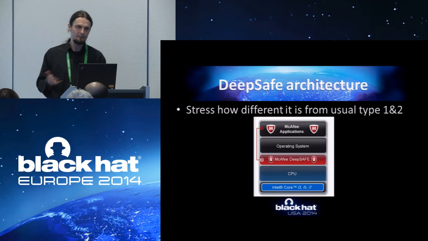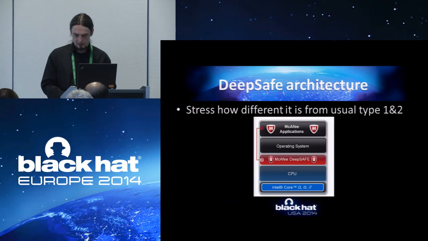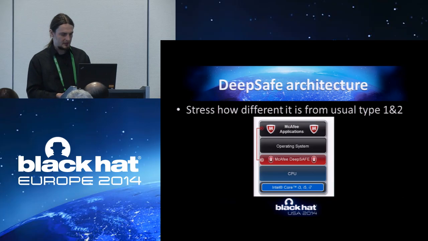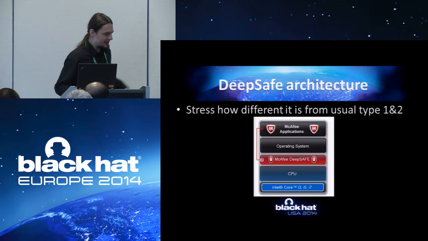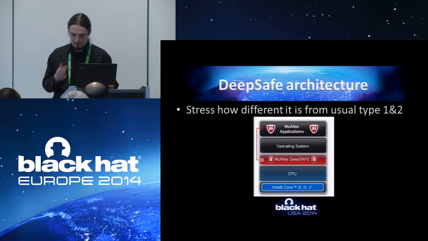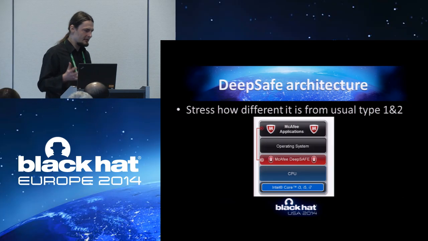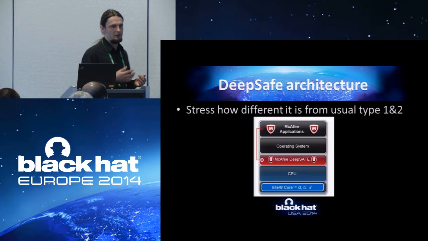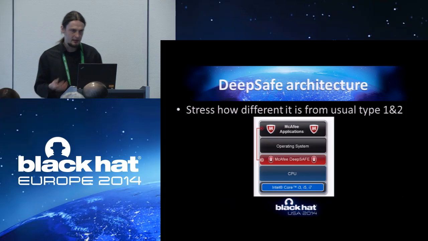It runs in the VM, right? So it's exactly what Blue Pill used to do, but this time the purpose is not to achieve rootkit functionality, but have some level of control over the operating system. Because again, once the DeepSafe driver is loaded, then Windows operating system is not all powerful. There is some layer of code which is more powerful, namely the hypervisor, and it can control what Windows does.